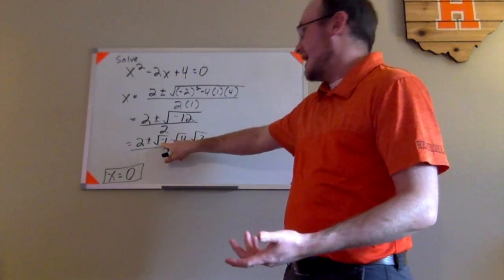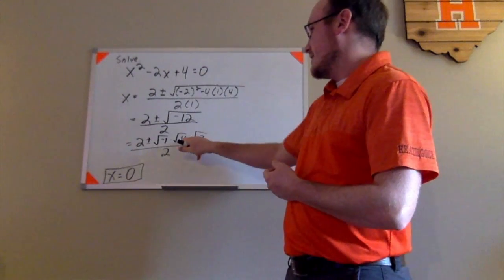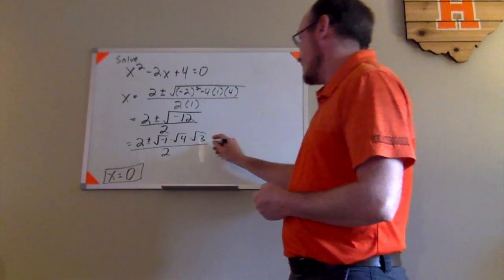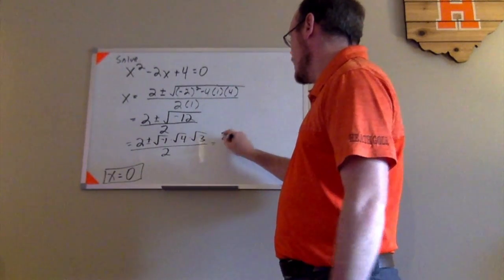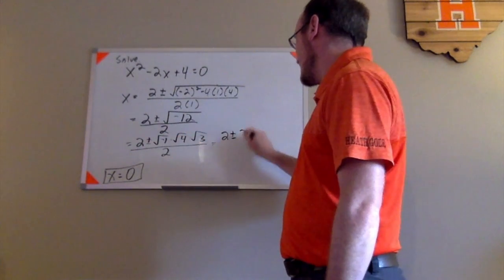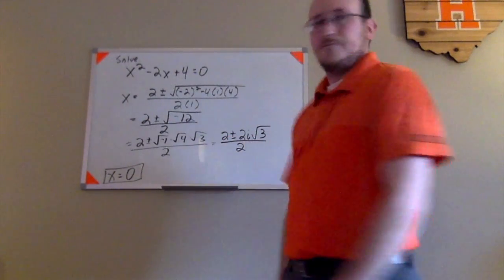The square root of negative 1 is i. And I'm using a perfect square approach. I'm breaking 12 down as 4 times 3. 4 is the largest perfect square that goes into that. So altogether, this should become 2 plus or minus the square root of 4 is 2, square root of negative 1 is i, so this becomes 2i square root of 3, over 2.